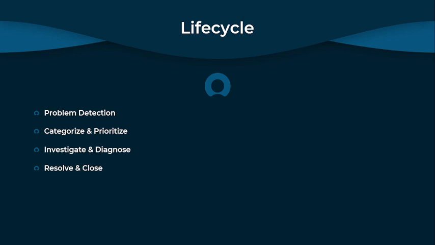Proactive problem detection involves analyzing trends and patterns from incident data, user feedback, and monitoring tools to identify potential problems before they cause significant disruptions. This comprehensive approach ensures early identification of issues, allowing for timely intervention and mitigation.